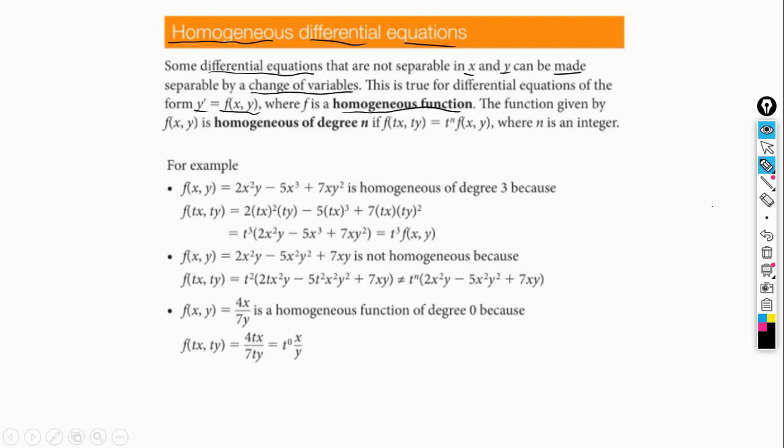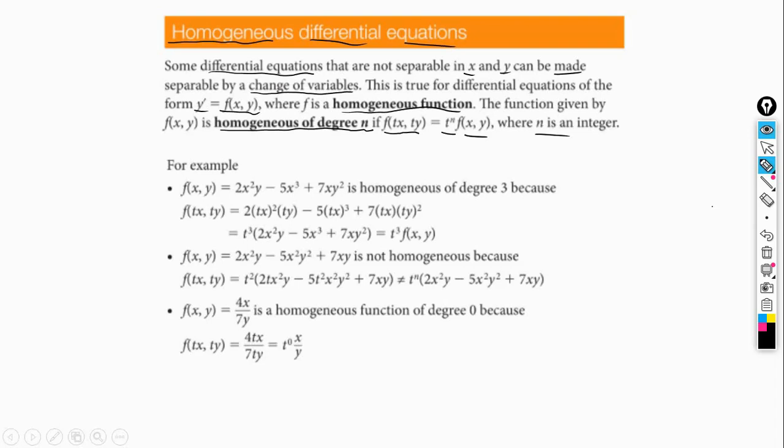The function given by f of x, y is homogeneous of degree n if f of tx, ty is equal to t to the n f of x, y, where n is an integer. So this is a lot easier than what it sounds.